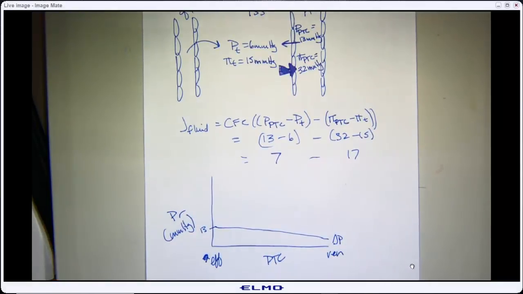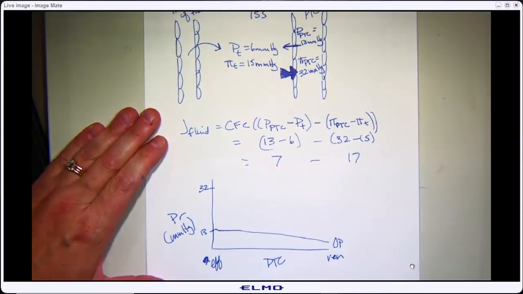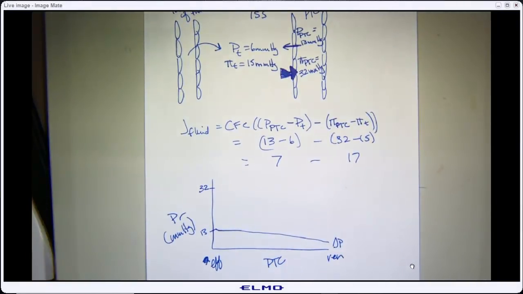We need flow. Flow has to happen, right? So we're going from 13 towards venous pressure 7, okay? Oncotic pressure started out at 32, and as we move fluid, as the oncotic pressure draws fluid from the interstitial space into the blood compartment, it will start to dilute, right?